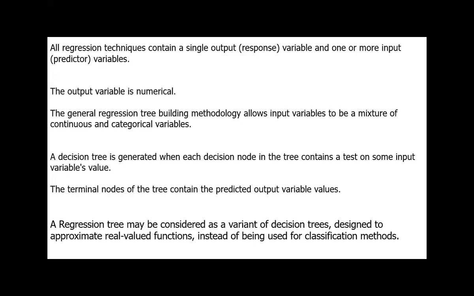That is called a decision node. The terminal nodes of the tree contain the predicted output variable values.